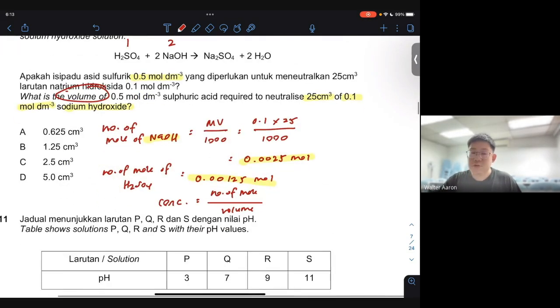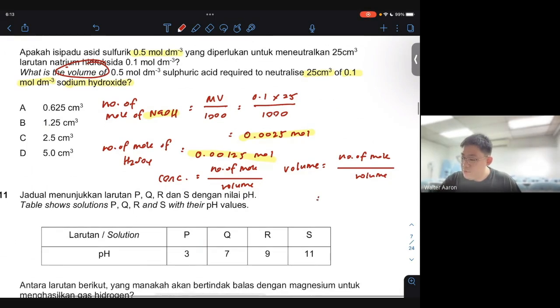So what we're going to do is reshuffle the formula, where right now volume is equivalent to number of mole divided by... not volume, sorry, number of mole divided by concentration.